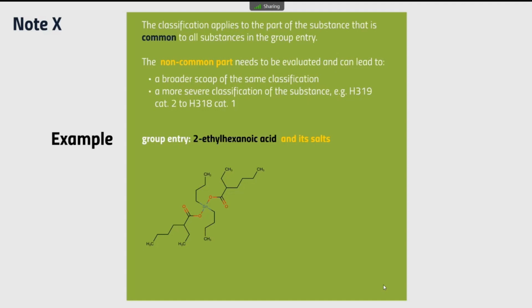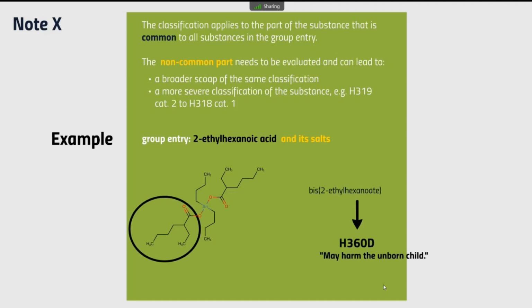We can see here an example of a substance which has the ethyl hexanoic acid part, so that has the classification H360D, may harm the unborn child.